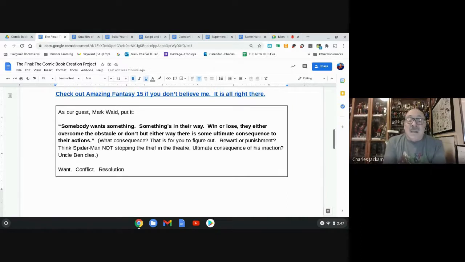Well, what consequence? That's for you to figure out. Reward, punishment. Think Spider-Man not stopping the thief in the theater. Ultimate consequence of his inaction, Uncle Ben dies. There is want, there is conflict, and there is resolution. Put that in, and you got a story.